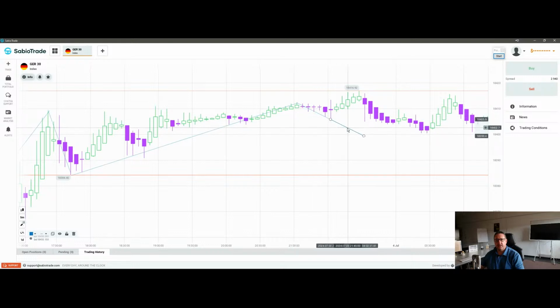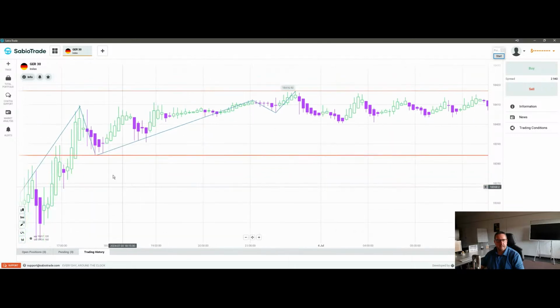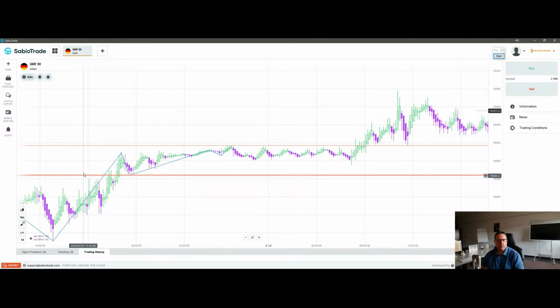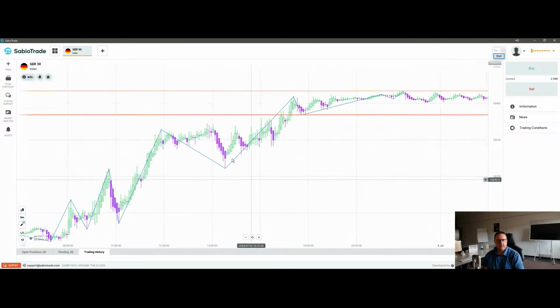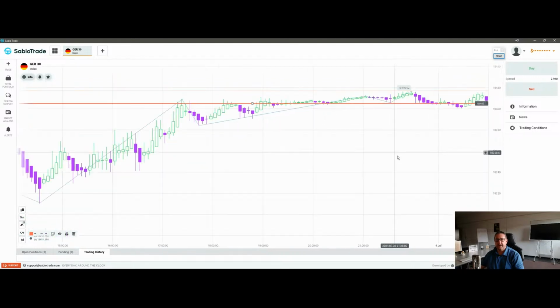Bring it here from the low to the top. Low to the top. And where is it? Here we go. Now we can trail it to the next lowest point to the trend continuation.